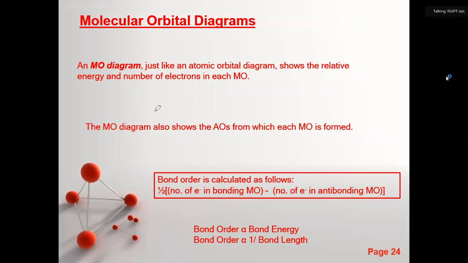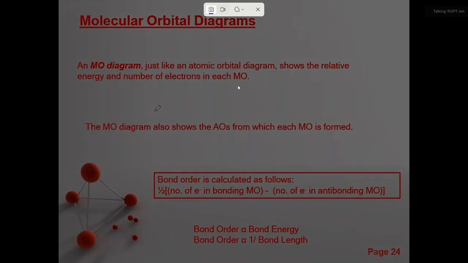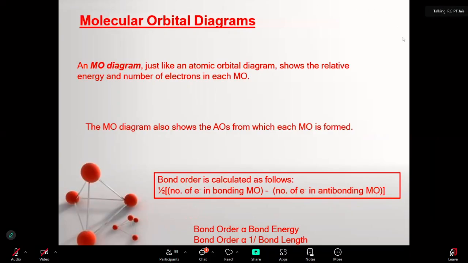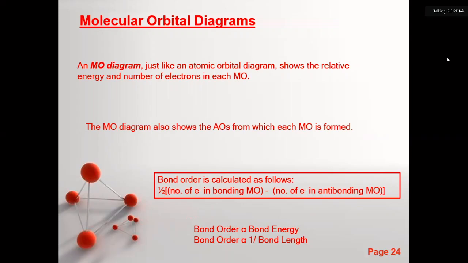As some students had a doubt about how we calculate the bond order, first there is the molecular orbital diagram. In a molecular orbital diagram, there are different molecular orbitals combined, each bonding or anti-bonding.